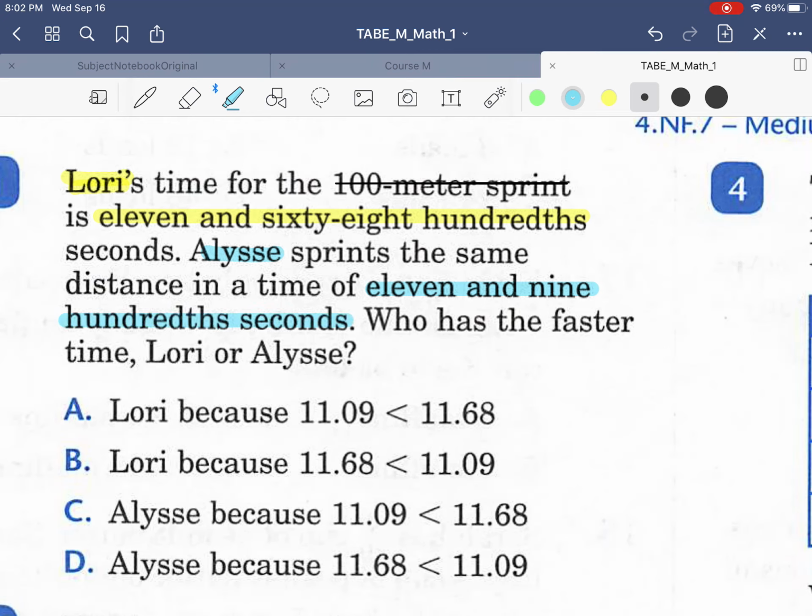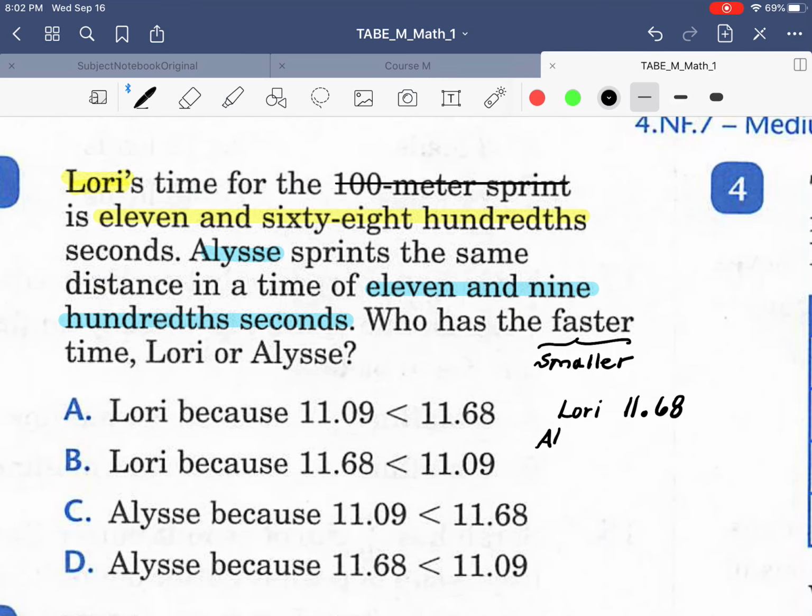We're looking at the person who has the faster time. In this case, faster means smaller. If it takes you longer to run the race, that means you are going at a slower pace than the person who has the faster time. So the first thing I want to do is set up my decimals. Lori is 11.68 hundredths.